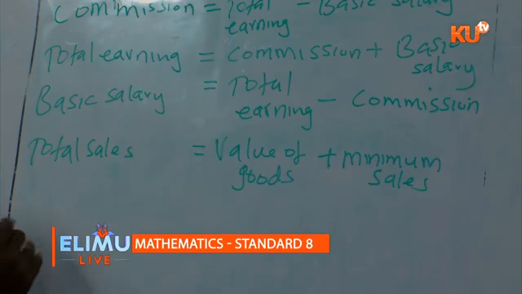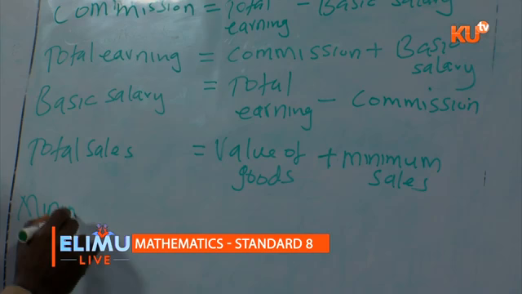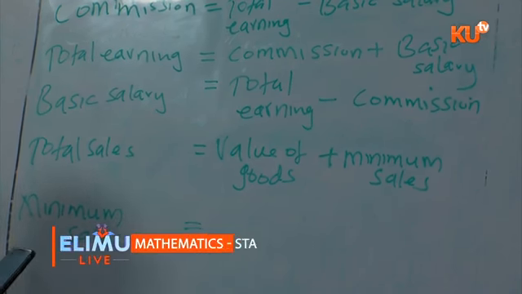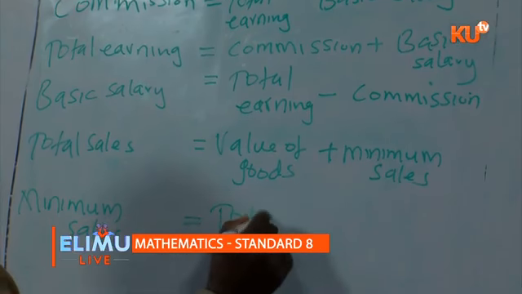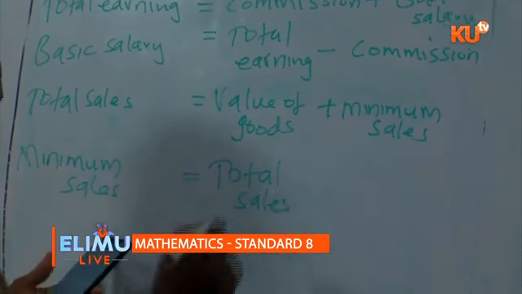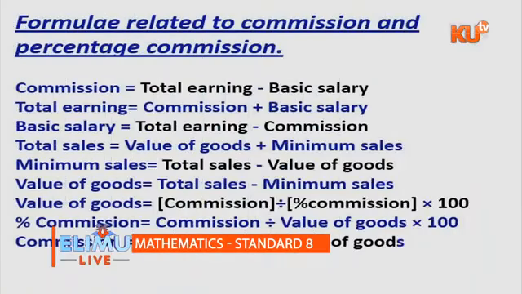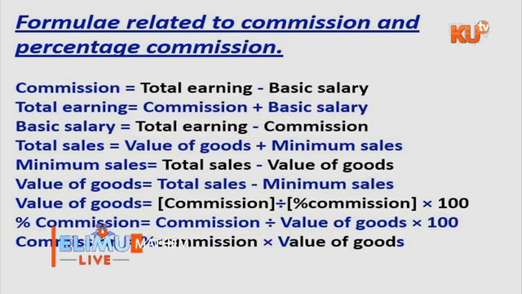And then we also have minimum sales. Minimum sales is equal to total sales minus value of goods.